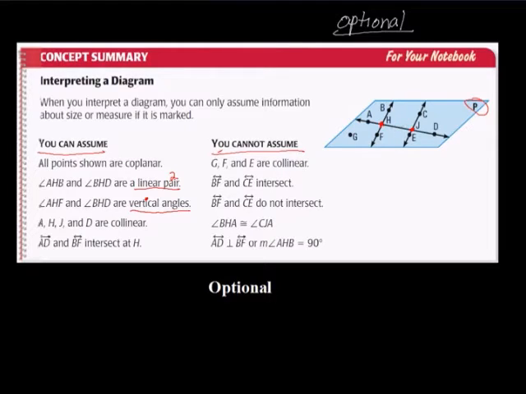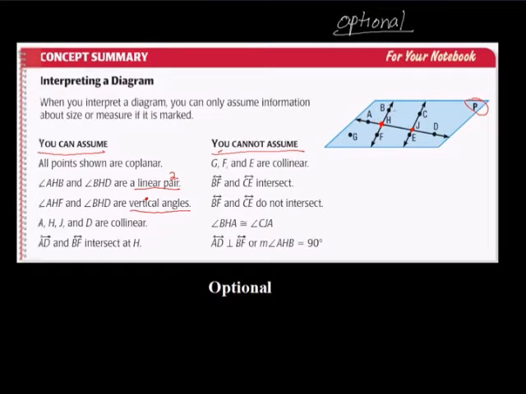They might be parallel. They might not meet at all. So you cannot assume that this line and this line intersect. You can't assume that BF and CE don't intersect either. You don't know if these are parallel or not, so don't make that assumption.